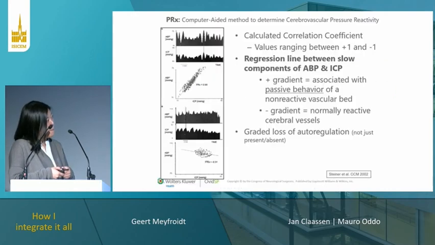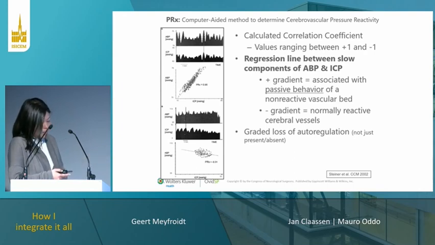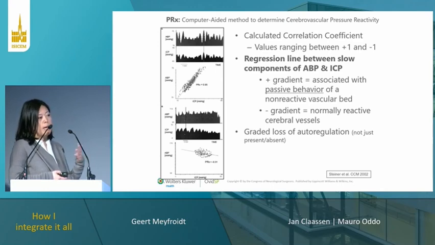x-axis. And then as the technology, which is now quite old, evolved, you can do this in a continuous computerized fashion. You can look at the Pearson correlation coefficient between the MAP and ICP in little single units of time that are selected based on where the slow wave components of the ABP and ICP will be most informative for autoregulation.